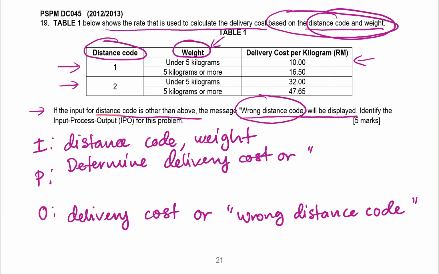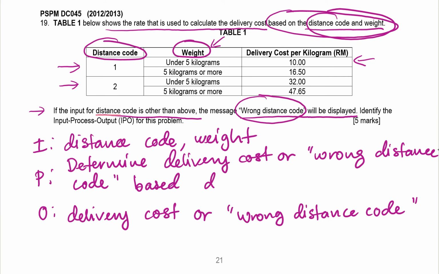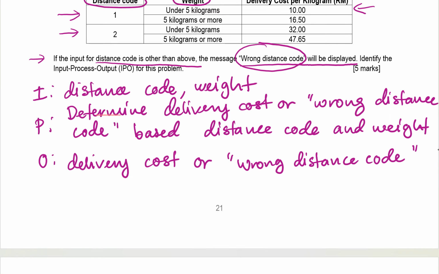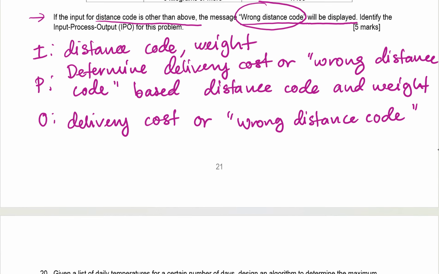If you put double quotes, it is understood that this one is a message, from distance code, based on your input, that is distance code and weight.